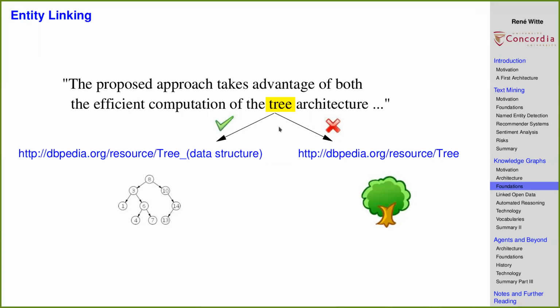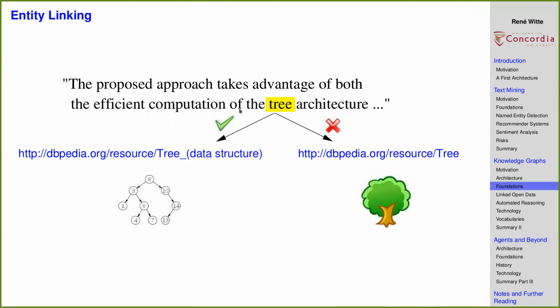For example, if you have a text mentioning something like Paris, then this could link to Paris, the city, or Paris Hilton, the person. Likewise, in the example here, we have tree, and tree can link to either the tree as a botanical object or tree as the data structure. And it's quite challenging often to find the right entry in a knowledge graph based on natural language text.